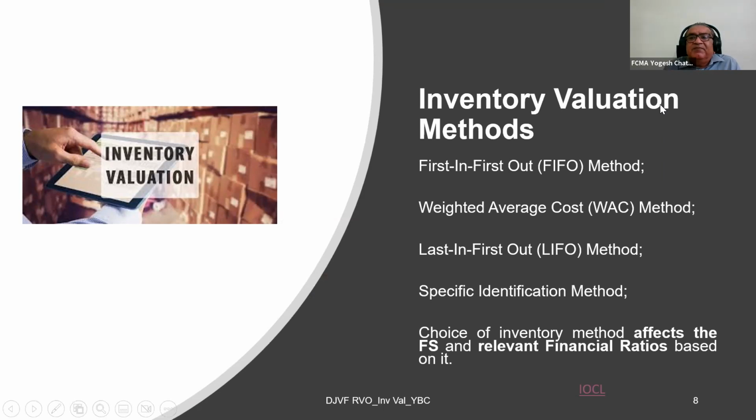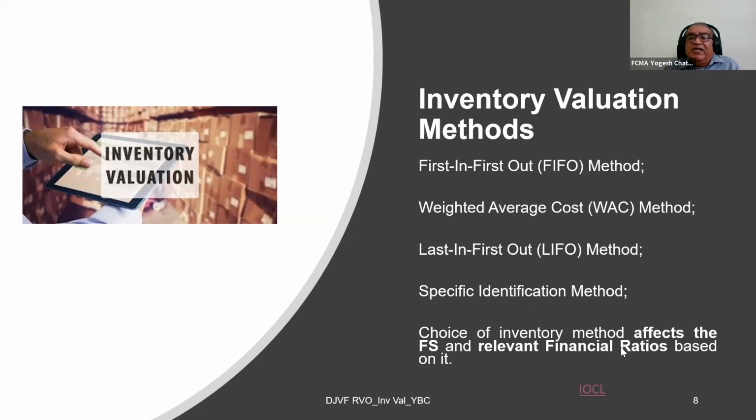The specific identification method is used when an entity is doing special projects. For example, a builder executes a number of different projects, so he will maintain inventory project-wise. That is the specific identification method.